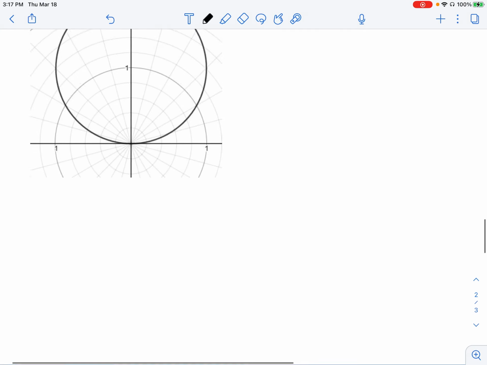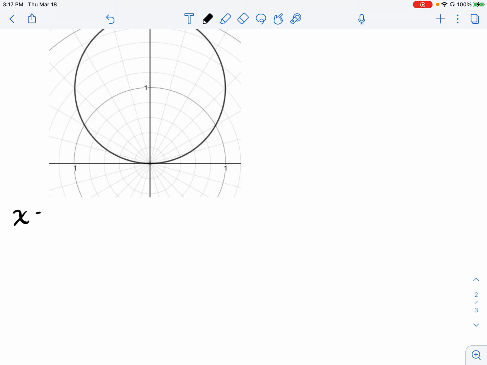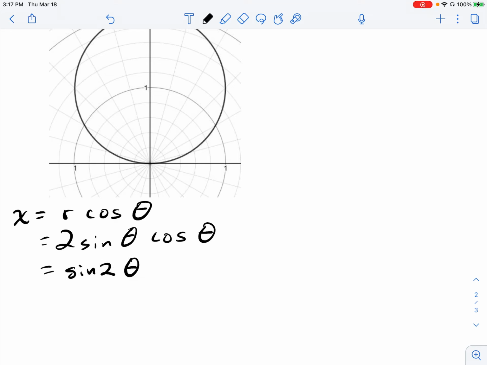So we're going to say x is equal to r cosine theta. So in this case, it's 2 sine theta times cosine theta. And if you want to, you can use a double angle identity here to rewrite this as sine of 2 theta. That just might make your life a little bit easier when we're differentiating later.